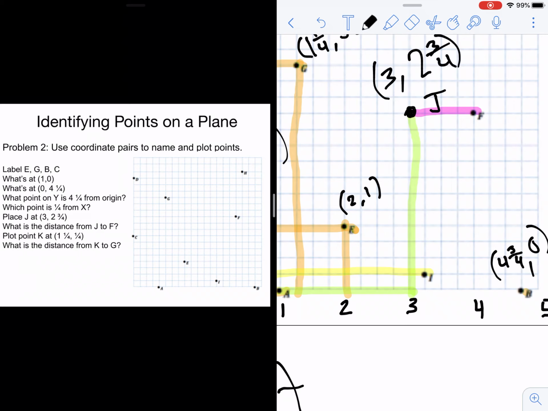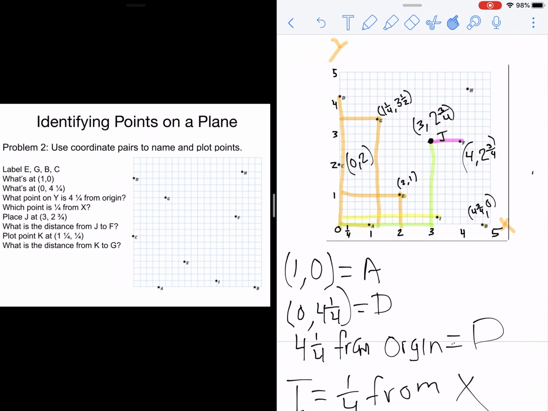Okay, that's J. F is 4, 2 3/4. So what is the difference between the x values of J and F? Only 1. Okay, only 1. So the difference from J to F is 1.